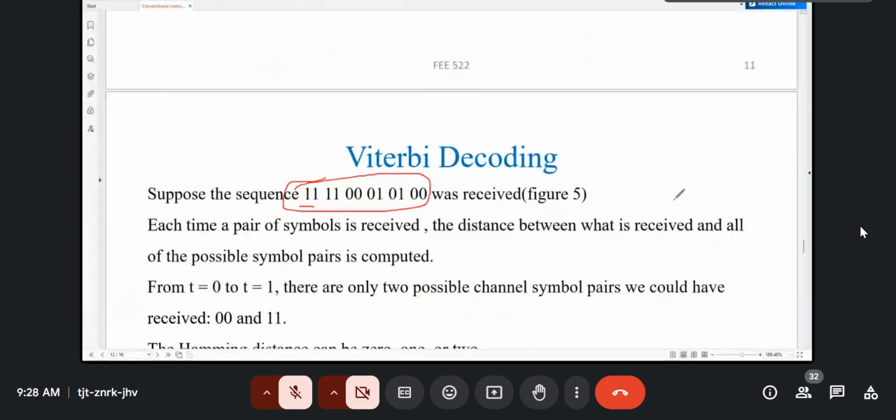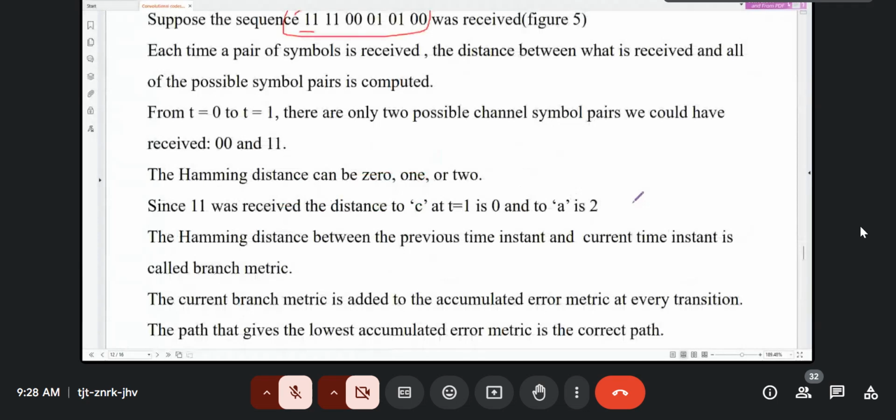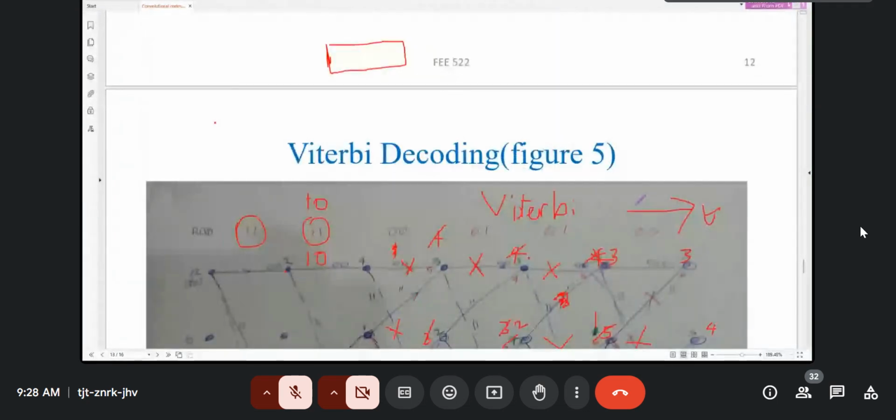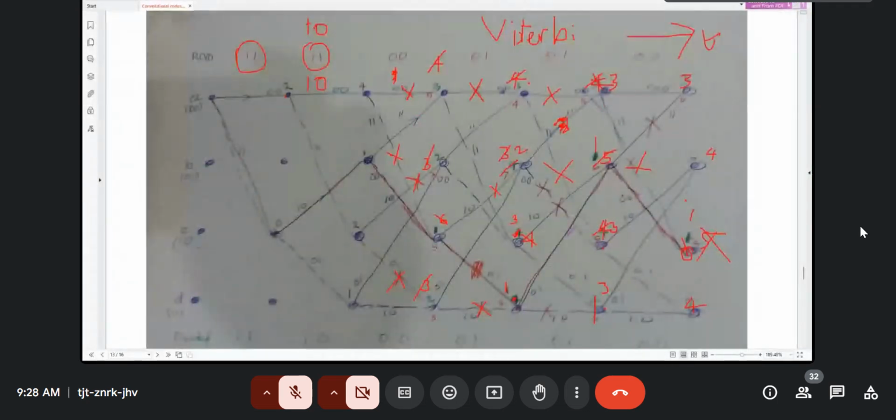Yes, thank you. And the last one is, could you kindly re-explain the branch, the path, and the survivor? Oh, the survivor path. The survivor path is automatic, because the moment you make a decision, before here, you are getting to a place from only one place.